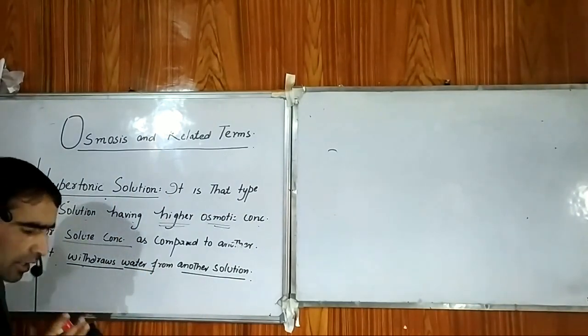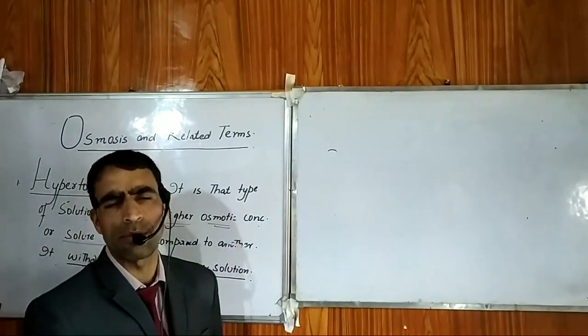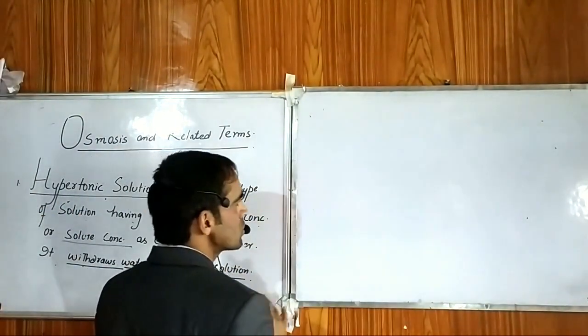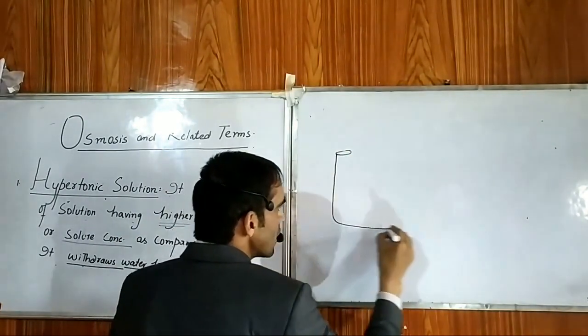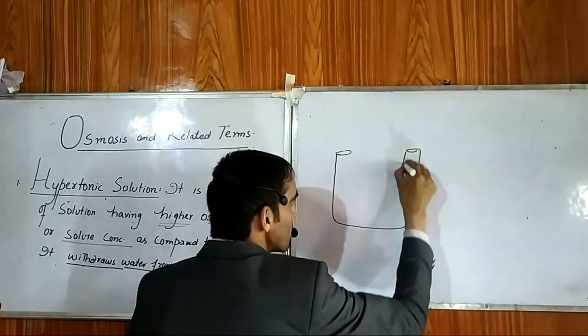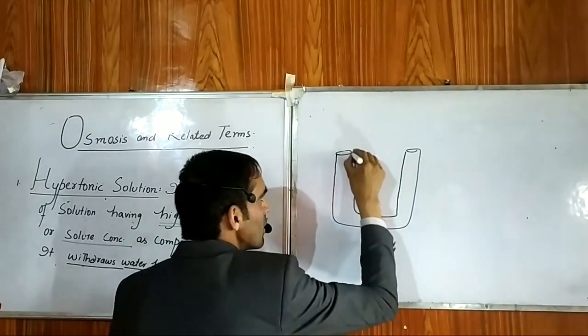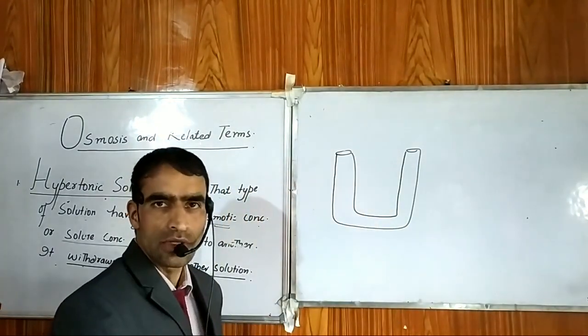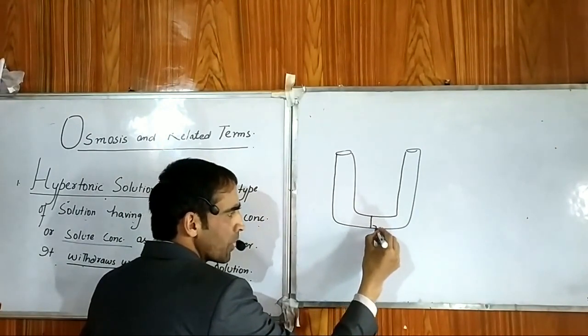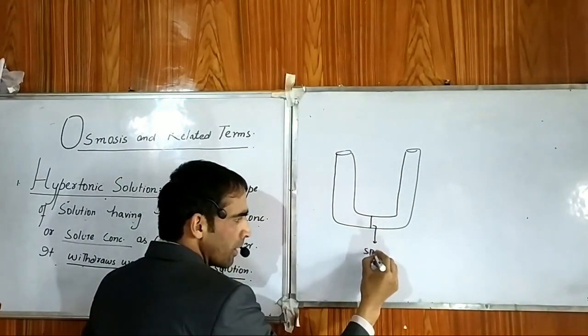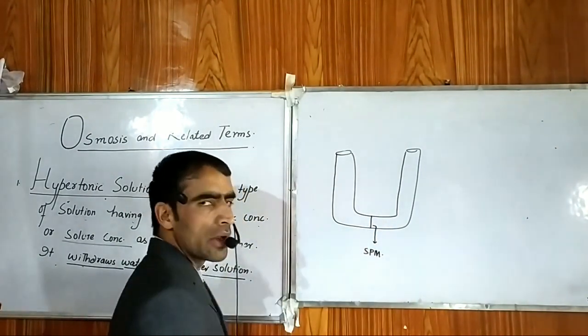ये एक पॉइंट है, but आपको मैं example से समझाता हूं. Suppose we have a device like this. It is U-shaped, found in the laboratory. This is the semi-permeable membrane. SPM is semi-permeable membrane.